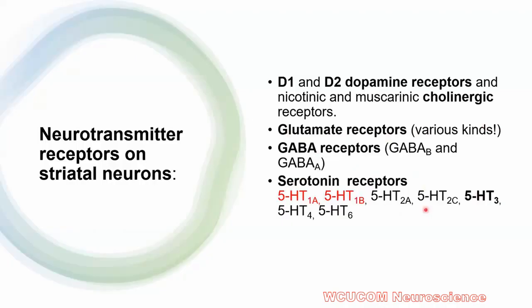You will delve into the study of serotonin receptors in neuropharmacology, but I can tell you right now that the 5-HT1 is an inhibitory type that is present on striatal neurons, and also some of these excitatory types. So the regulation by serotonin is, not surprisingly, quite complex.